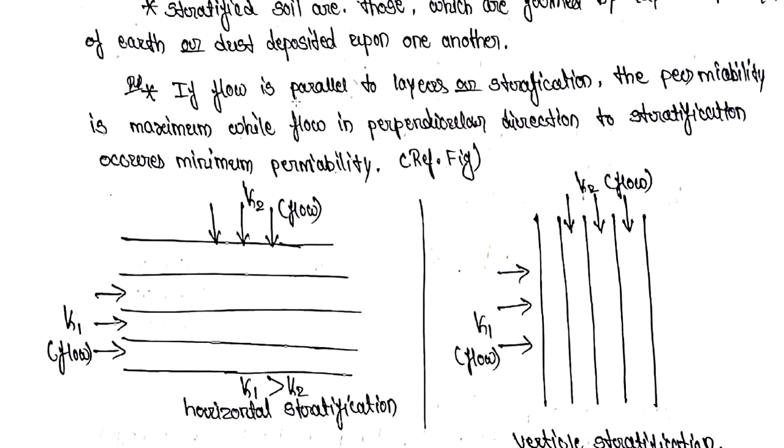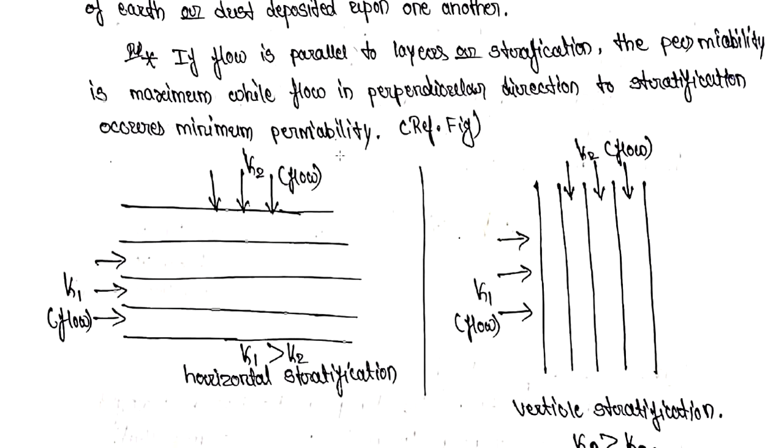If the flow is parallel to layers, the permeability is maximum, while if the flow is perpendicular to stratification, that means minimum permeability. So when the flow is parallel to stratification, in this direction or else in this direction, the permeability is maximum.